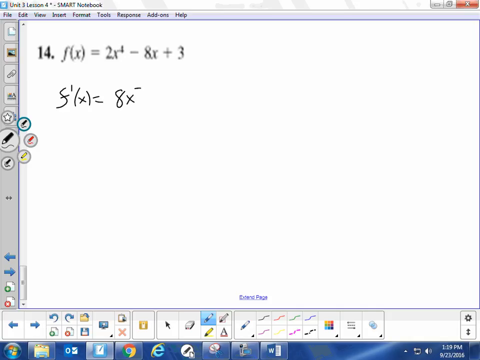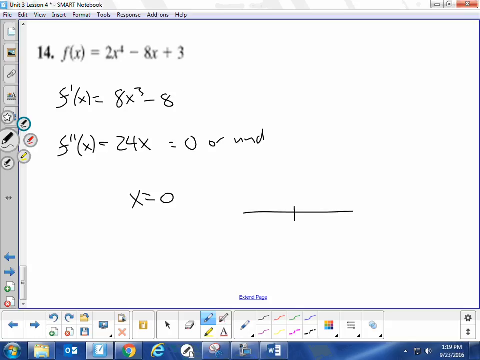We have 8x cubed minus 8. I believe it's just examine the concavity. I might be wrong. You just get 24x, set that equal to 0 or see when it's undefined. And we get x is 0. We go from the signs being negative to positive. So 0 is a point of inflection.